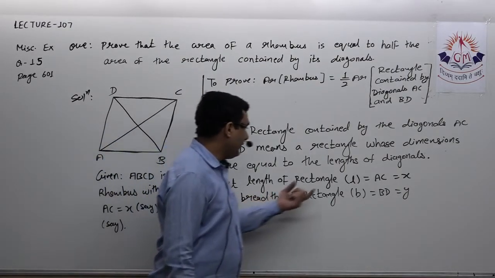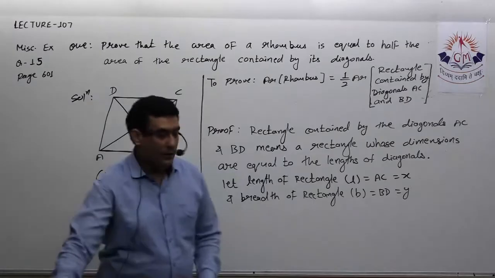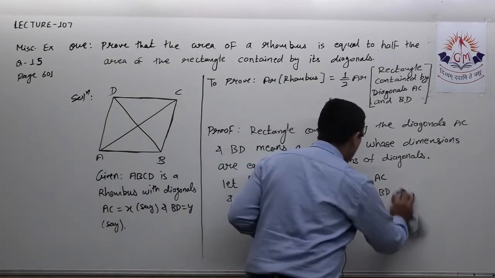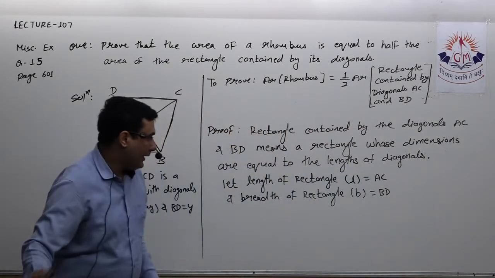Assume that length of rectangle L is AC and breadth is BD. So even if you want to exclude this X and Y, it is okay.